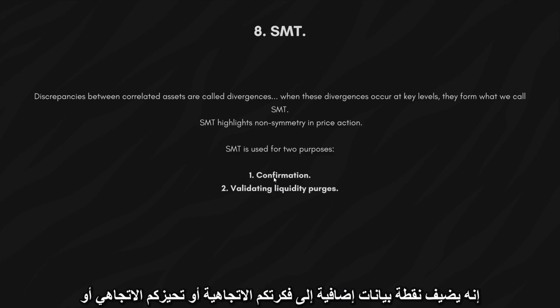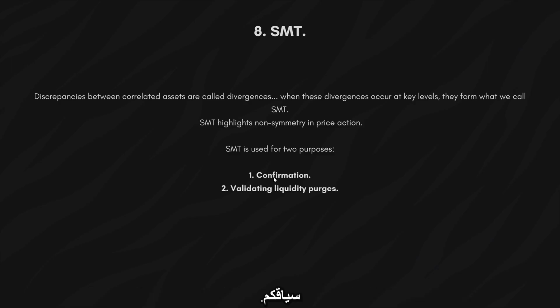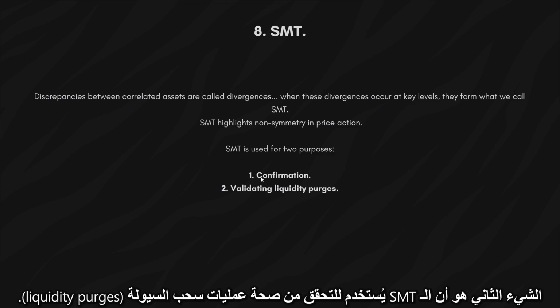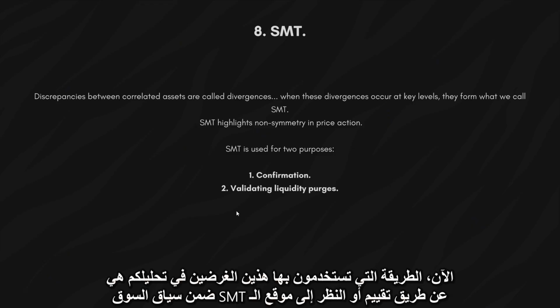It adds an extra data point to your directional idea, your directional bias or your context. It is used for confirmation. The second thing is that SMT is used for validating liquidity budgets.